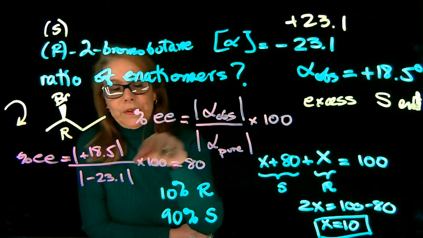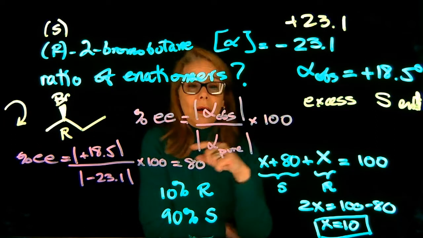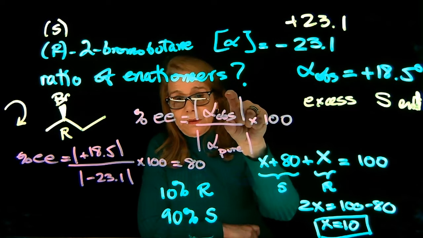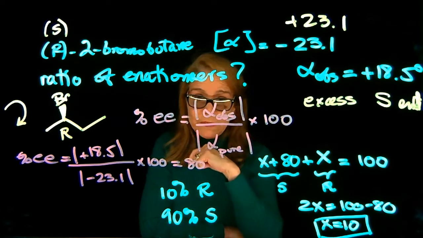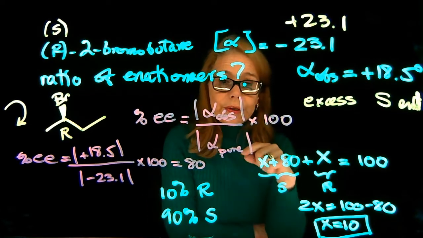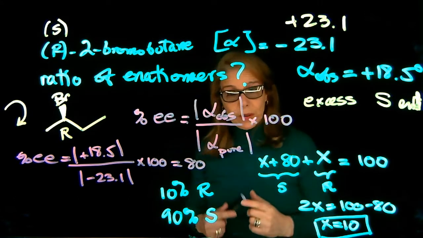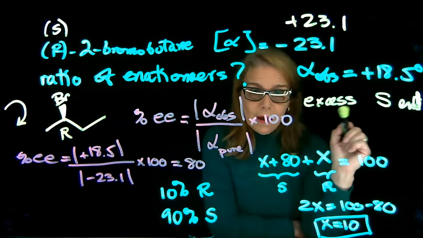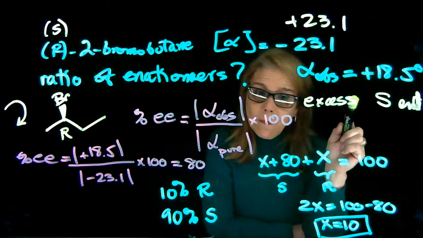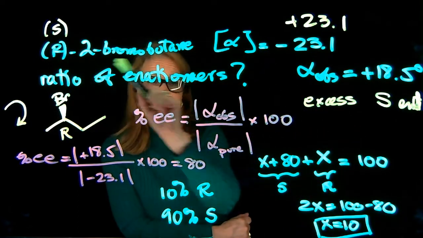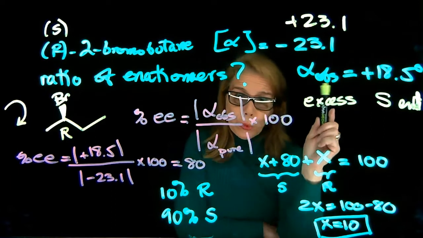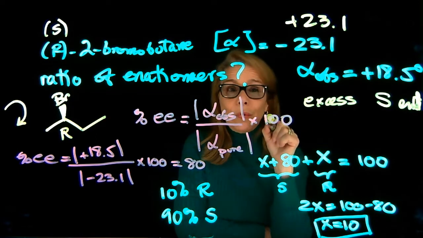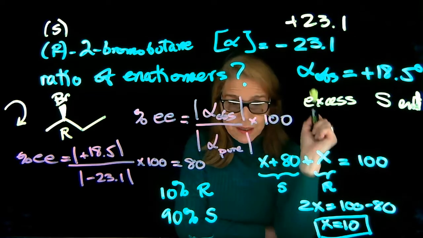And then what we did is calculate first the percent enantiomeric excess by using the observed optical rotation over that of the pure enantiomer times 100. And then to know the composition, remember that we need to take into account the sign of the observed rotation. If we know that the pure R enantiomer has an optical rotation of minus 23.1, then the S will have the other sign, plus 23.1.